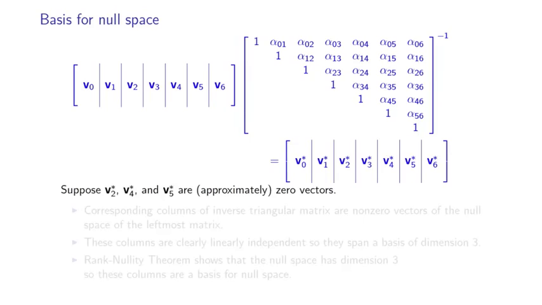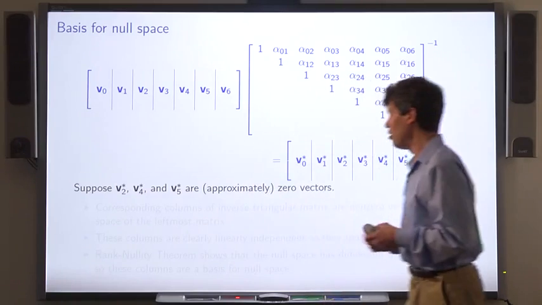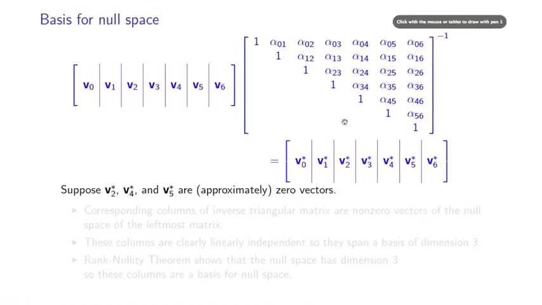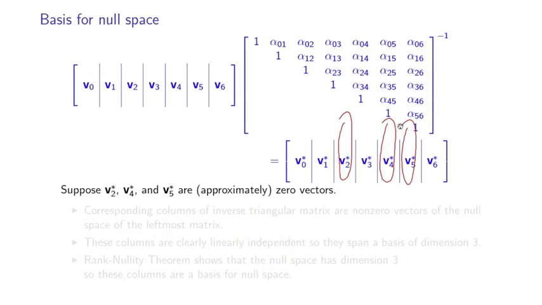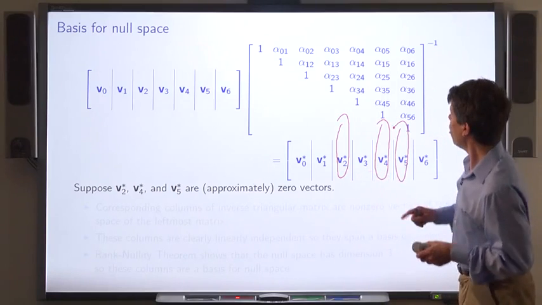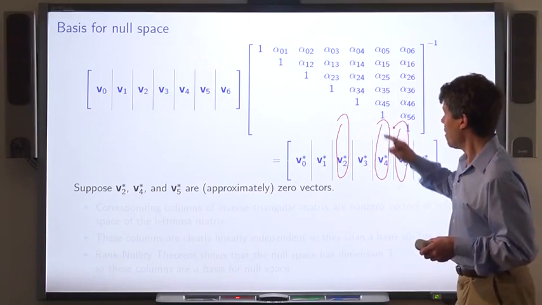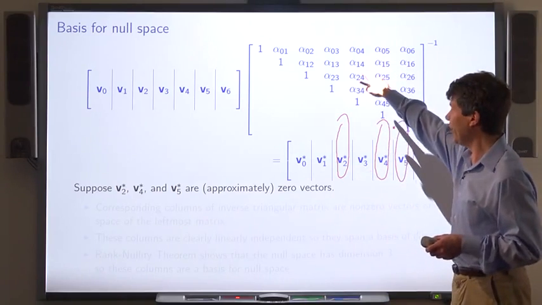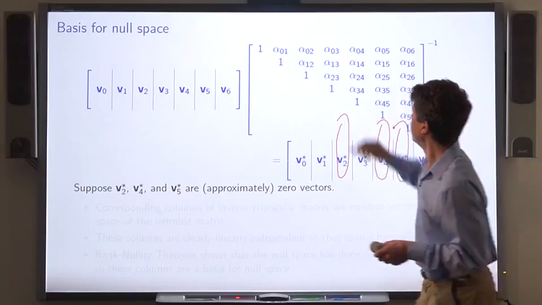And now, suppose as before that v2 star, v4 star, and v5 star are zero vectors. Okay? So the corresponding columns of the triangular matrix are these.